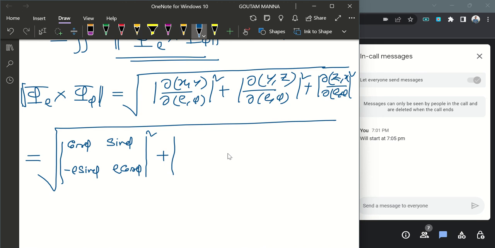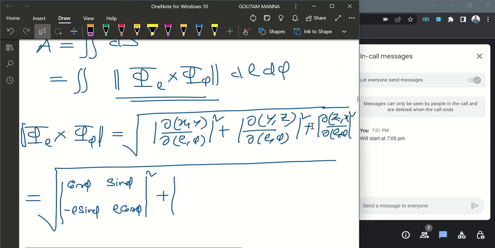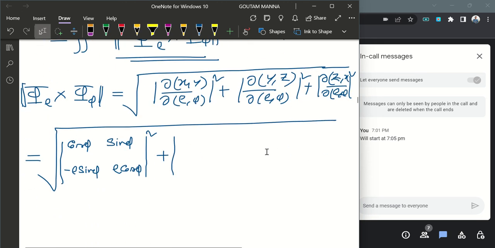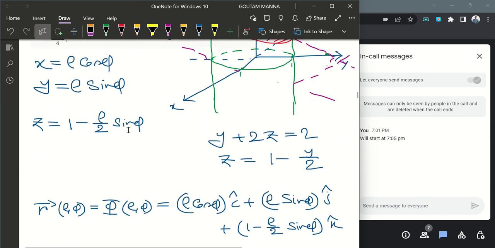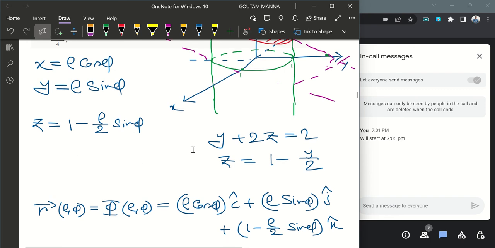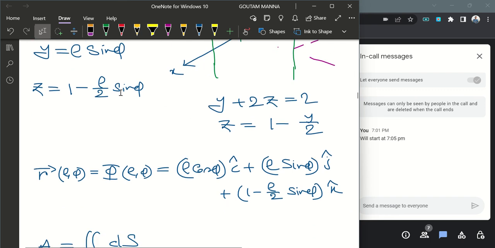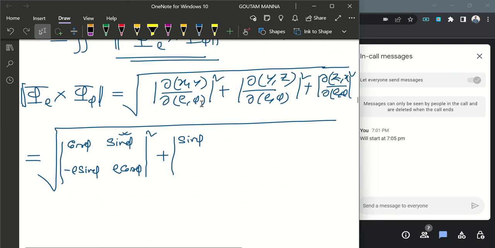Square, plus the determinant whose first element will be del y del rho. Del y del rho we already calculated here, that is sin phi. Second is del z del rho. If we take del z del rho, it will be minus half sin phi.